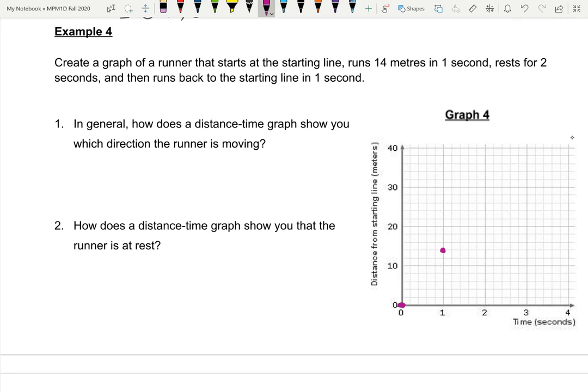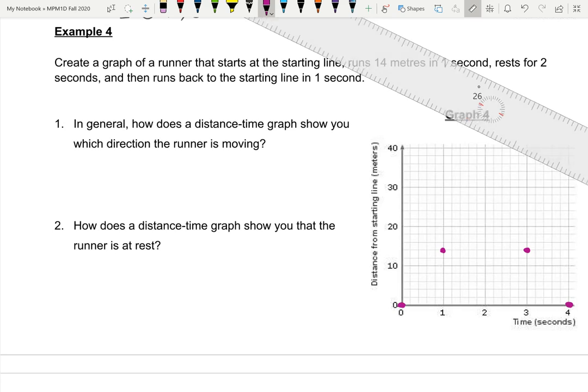Okay, so 2 seconds after 1 second is 3 seconds. And they're at the same location, because they're resting. And then runs back to the starting line in 1 second. So now they're at 3 seconds. 1 second after 3 seconds is 4 seconds, and they go back to the starting line. Okay, and let's connect our points.